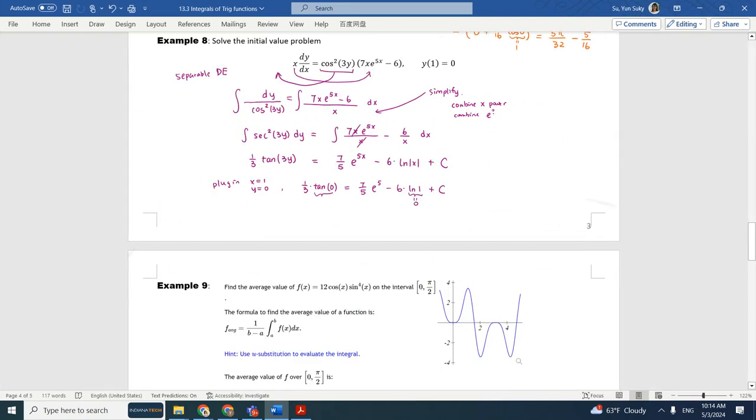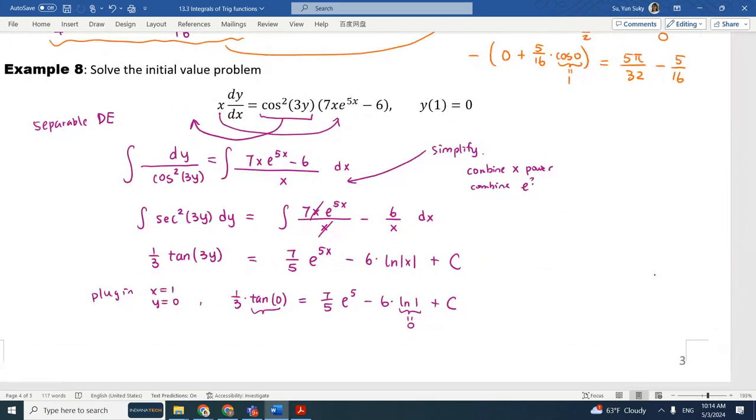What does the tangent graph look like? This is pi over 2. That's 0. That's negative pi over 2. So tangent of 0 is 0. Then we find the c. We move this to the left, it becomes negative.